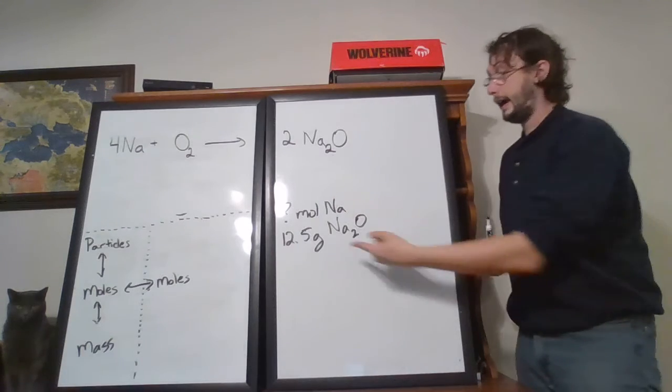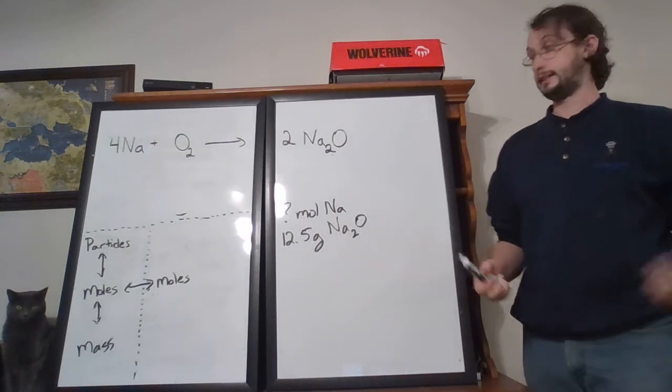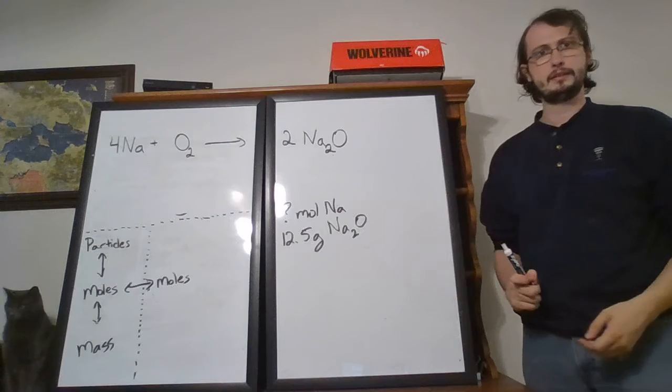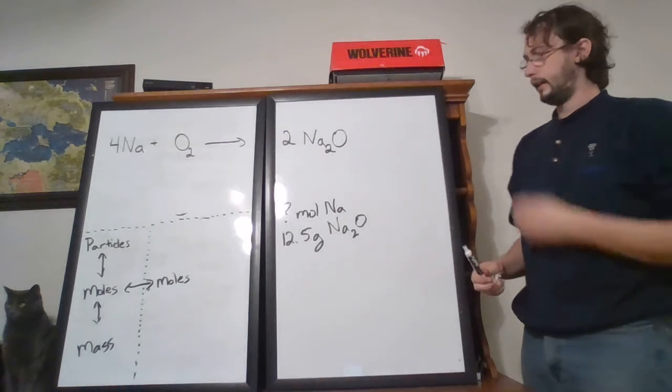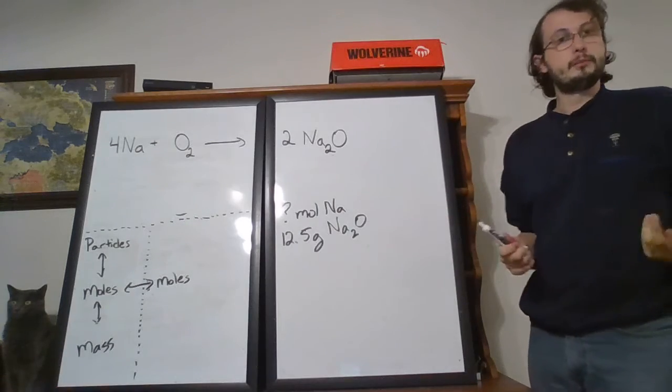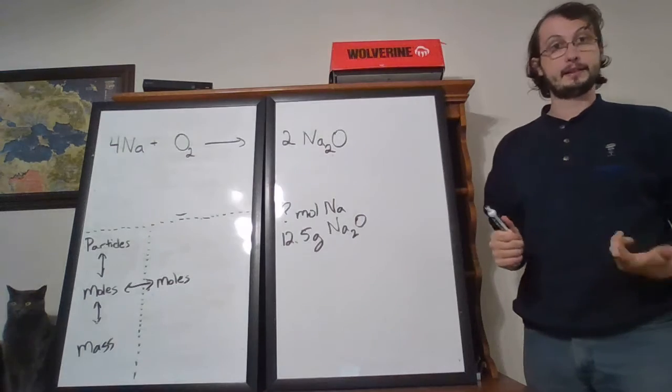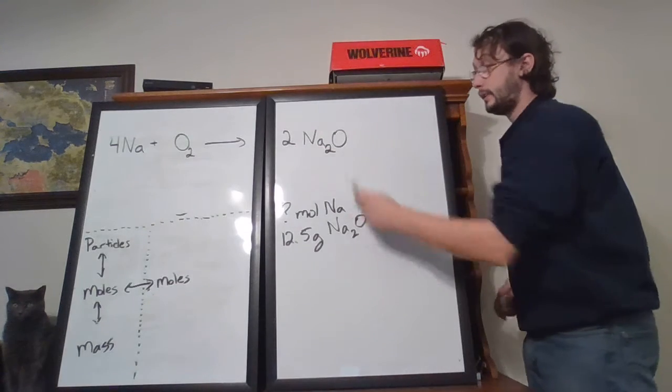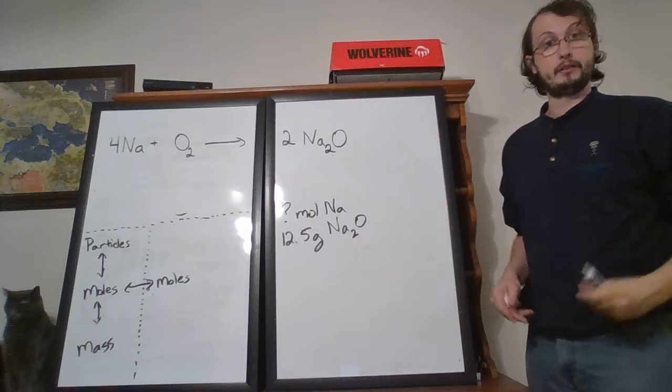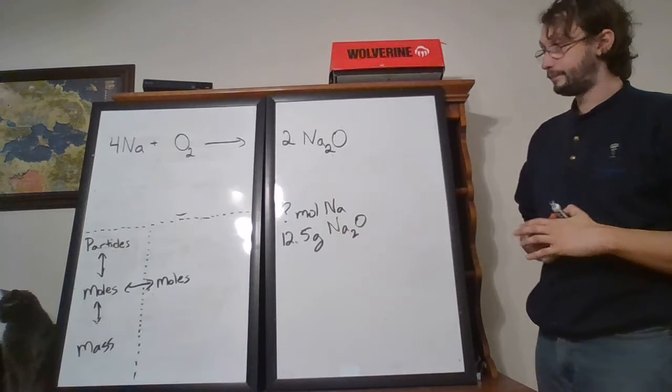You might be told, hey, I need you to make 12.5 grams of sodium oxide. Well, that means you need to figure out how much sodium you need. And so we need to figure out how many moles of sodium we would need to make what we've been asked to make. We have a recipe, we just need to figure out what the measurement is of our ingredients. And this is how we'll do it.